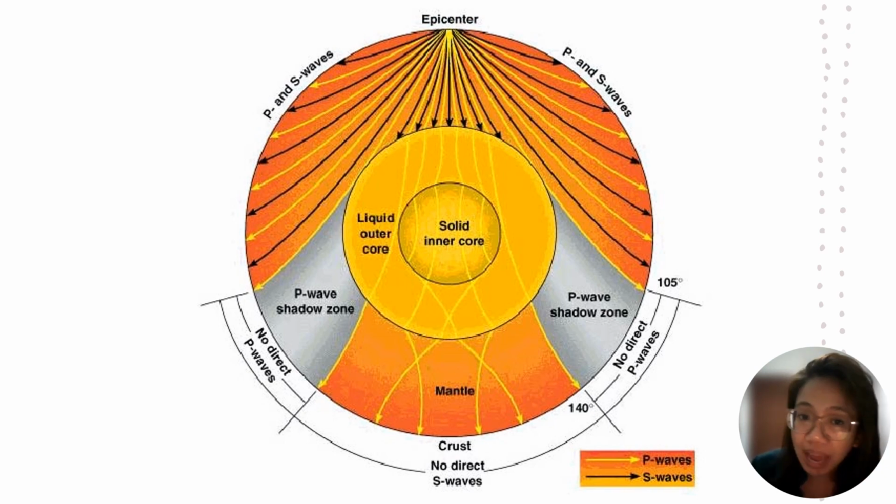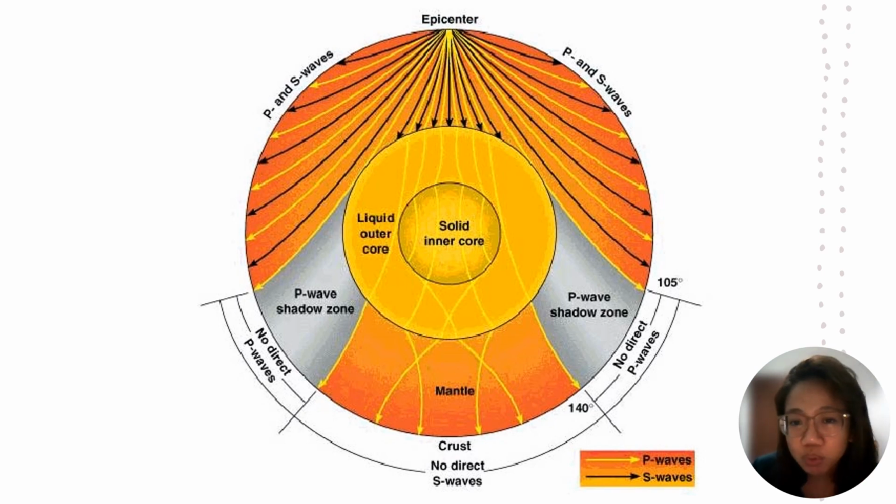On the other hand, S waves do not pass through liquid at all. As you can see here on our diagram, we have the epicenter. These waves are received through different seismometers located in different parts of our planet.